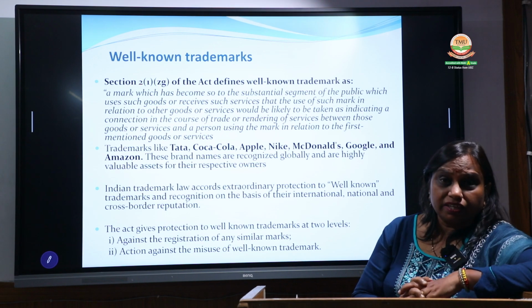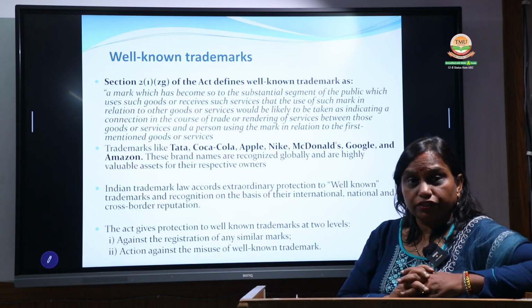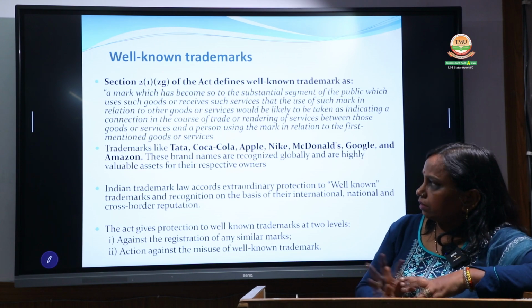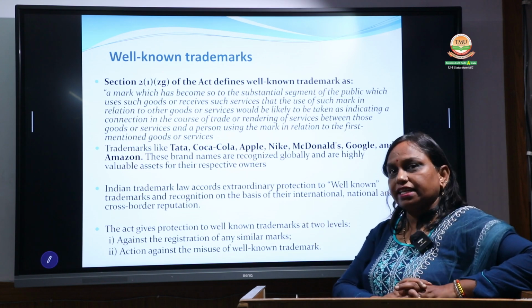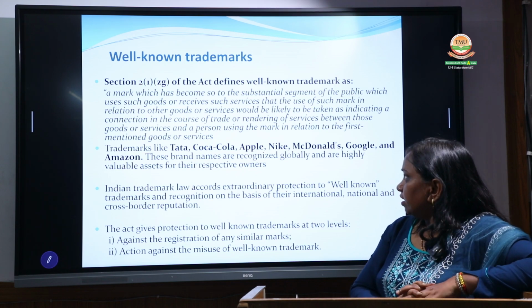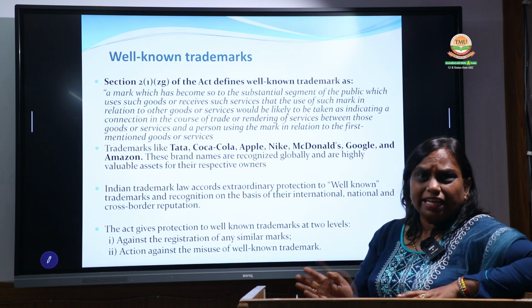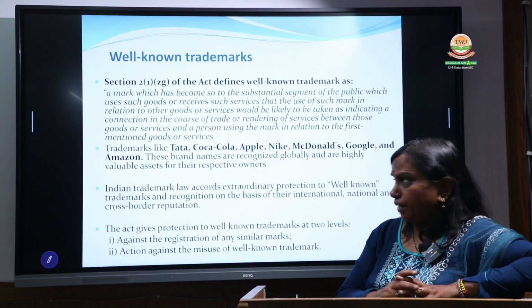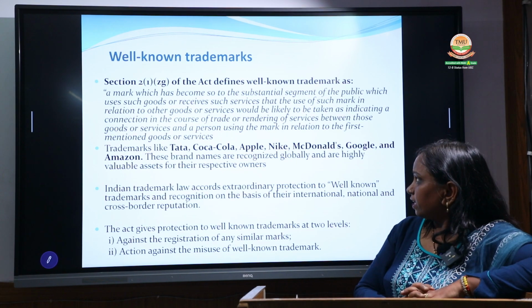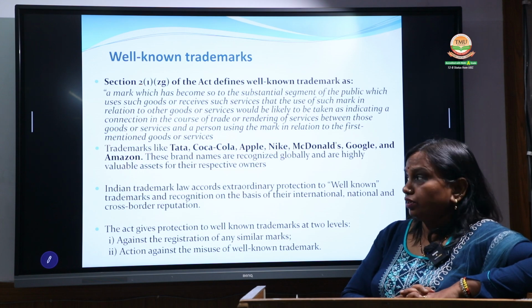These are very well known, and they get some additional benefit because of their popularity. Some examples are Tata, Coca-Cola, Apple, Nike, McDonald's, Google and Amazon. These are a few names; there are many other brands and trademarks also. These brand names are recognized globally and are highly valuable assets for their respective owners.